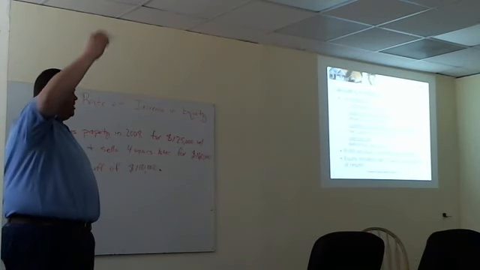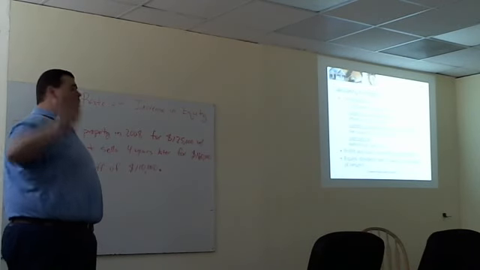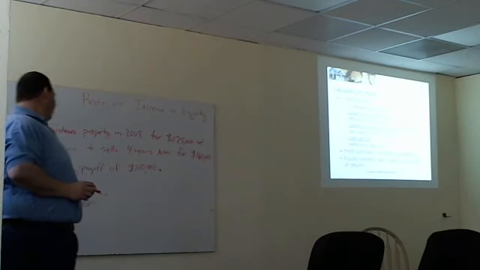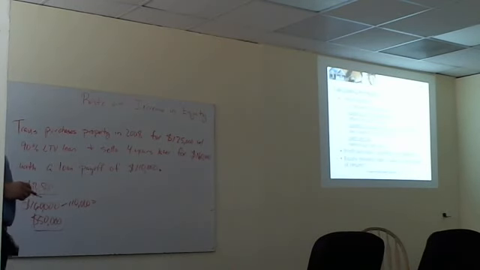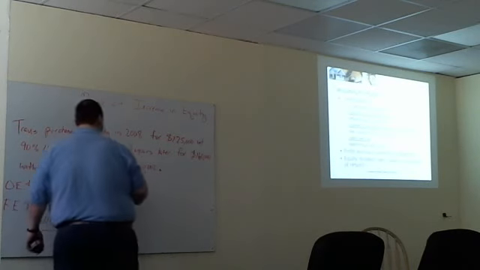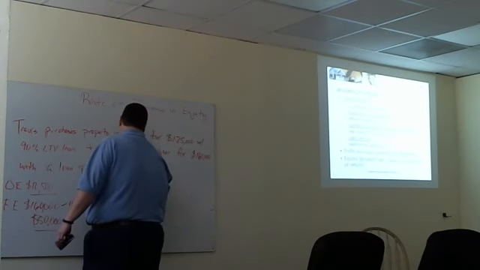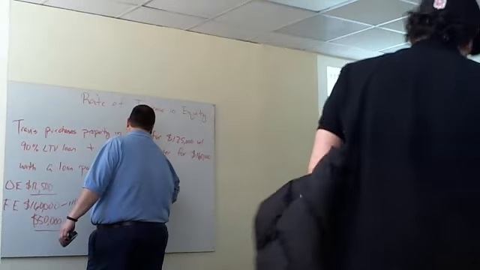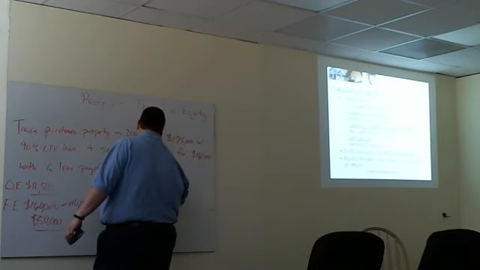Isn't that what goes on top of the T-bar? Dollar profit or loss? So what's my dollar profit in equity there? 50,000 minus 12,500. 37,500. So my increase in equity is 37,500.